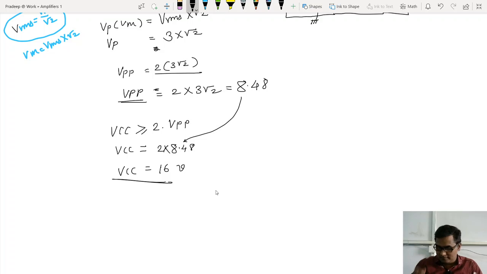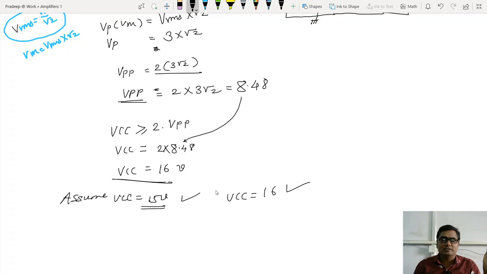Even if you assume VCC is equal to 15 volt for the sake of your calculation, it is okay. If someone assumes VCC is equal to 16, it is also okay. If someone says VCC is equal to 17 volt, then also it is okay. It's up to us.